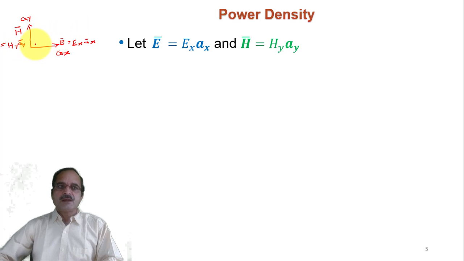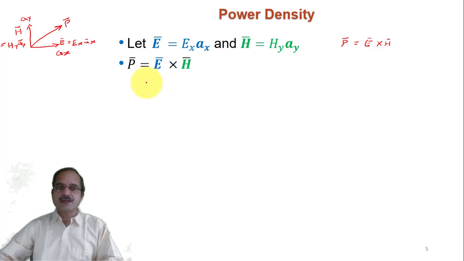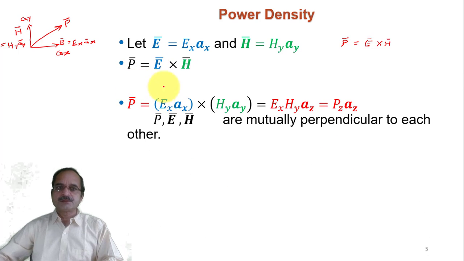Now as we have seen, the Poynting vector is nothing but the cross product of E and H, so it will be oriented in z direction. So this is the Poynting vector P, which is E cross H. Now we substitute E as Ex Ax and H as Hy Ay.